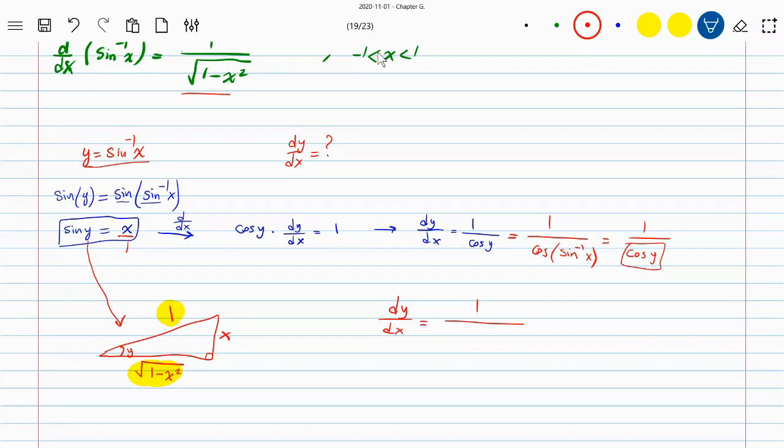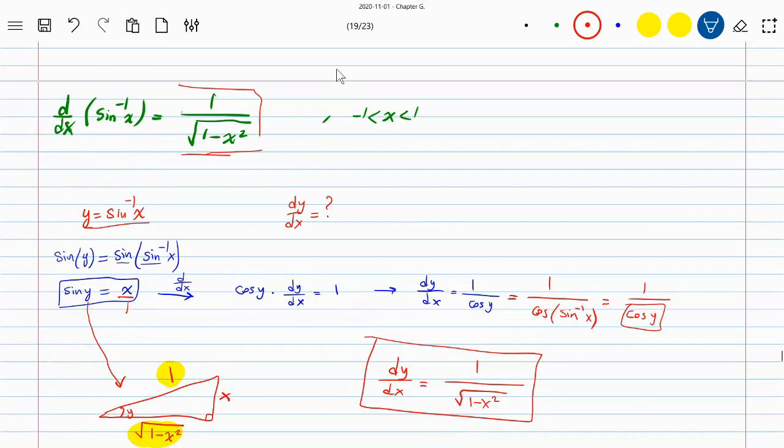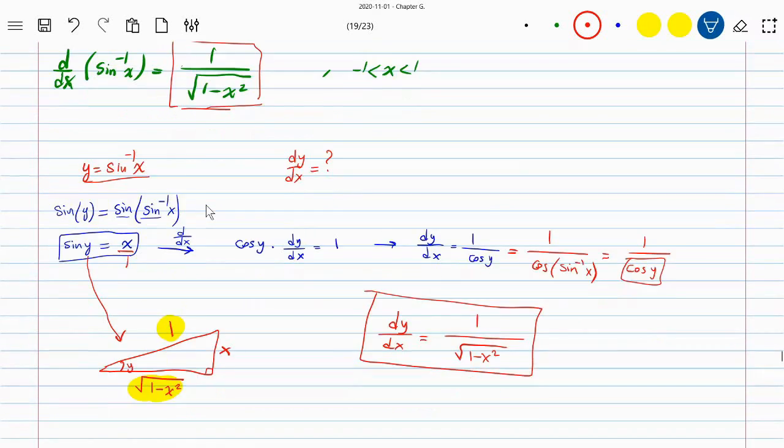It will be square root of 1 minus x squared divided by 1, the hypotenuse, which is 1. In this case, the 1 doesn't really affect anything. And now you see that these two are the same thing. So if you want to take a derivative of sine inverse of x, you don't need to go through these over and over. What you can say is simply it would be 1 divided by square root of 1 minus x squared. Okay, so this was a kind of a proof of the derivative for sine inverse.